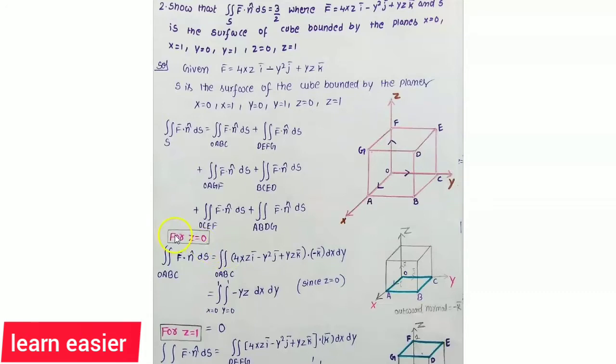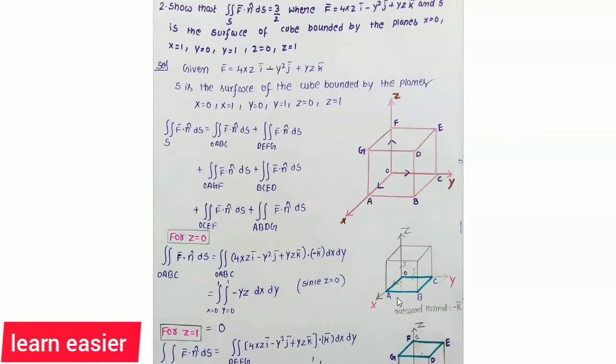So here take the first plane, which is z equal to 0. For z equal to 0, we have taken the surface OABC. You can see here for z equal to 0, we have taken the xy plane. Why is it the xy plane? Because in the xy plane only we have the value of z as 0.